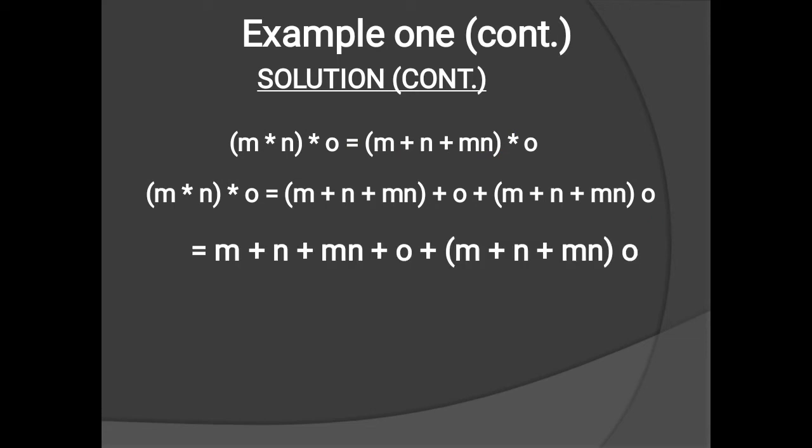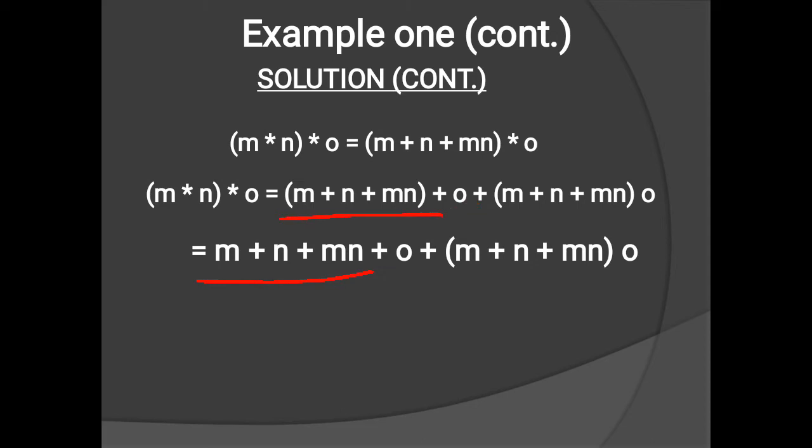So we now simplify. We are expanding now. So m plus n plus mn over here, we have removed the parentheses, plus o, which is here. Then the whole of this times o, meaning o is multiplying m, o is multiplying n, and o is multiplying mn.